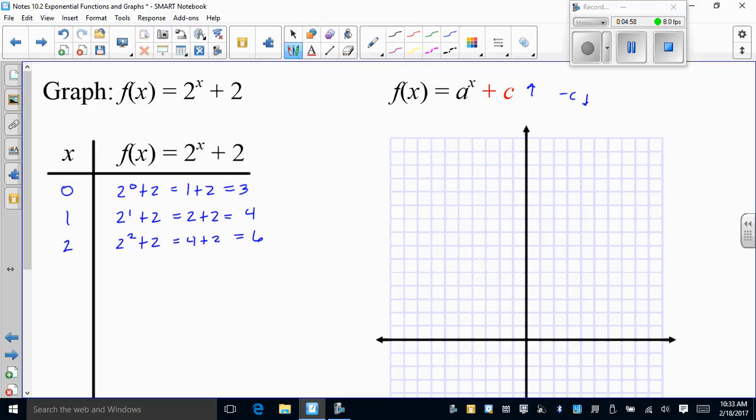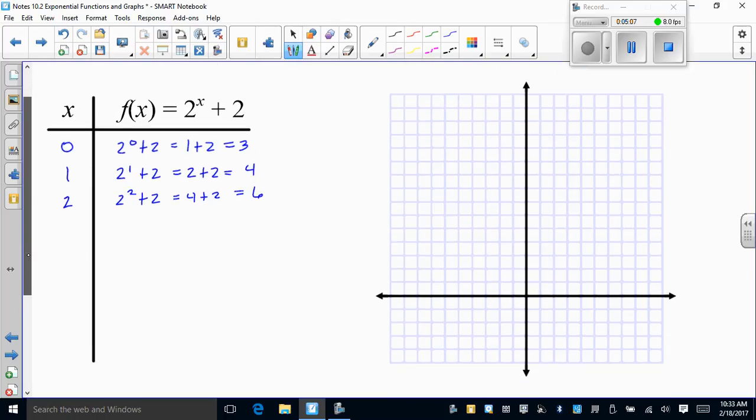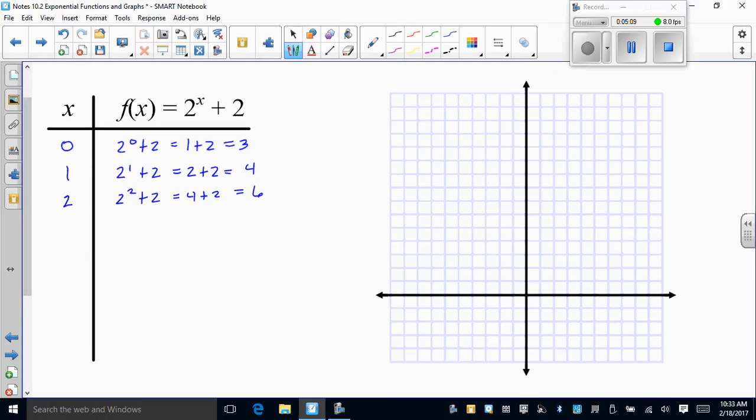And the same thing is going to happen to our negative values. Now, here's the one thing to point out. This is your new horizontal asymptote. So let me get my line here. Oh, let's use pink. So plus 2, there's my new horizontal asymptote.